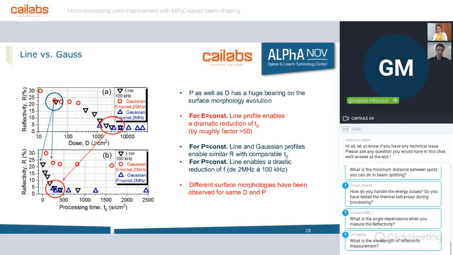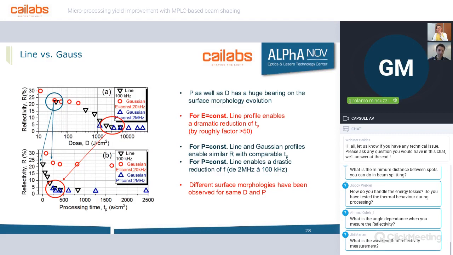The power and the dose both have a bearing on the surface morphology evolution, as we have seen. When you consider energy constant, the line profile enables a dramatic reduction of the processing time.